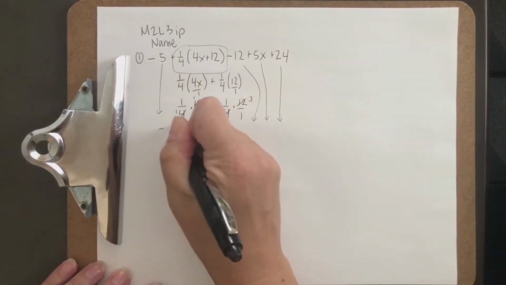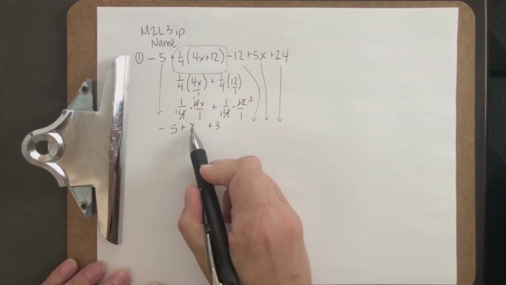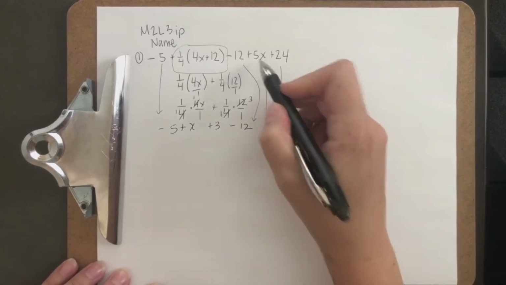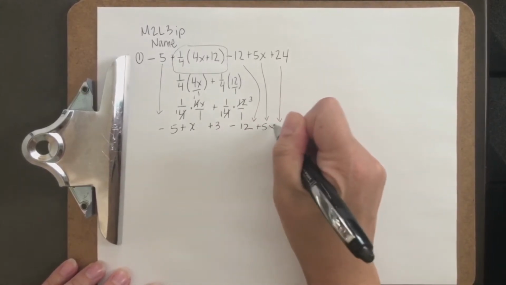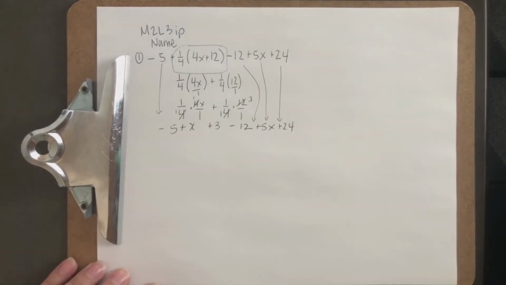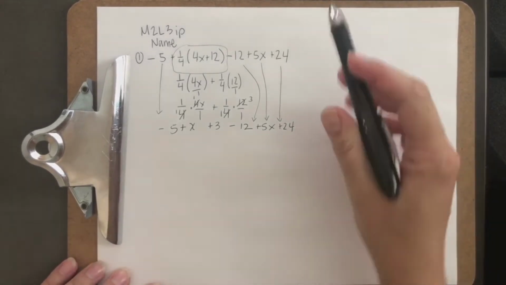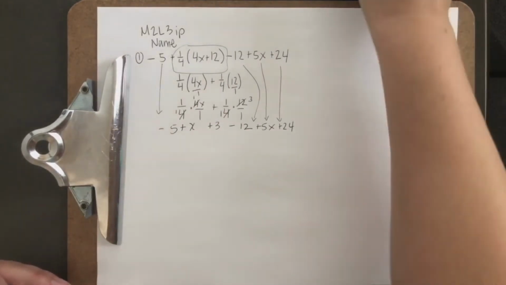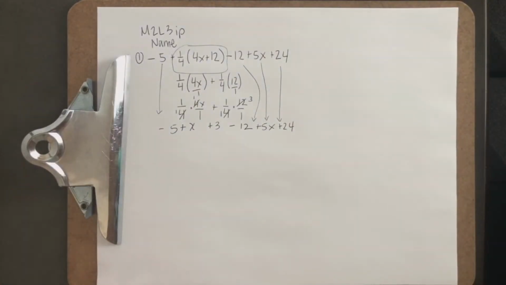So we have -5 plus that x plus 3 minus 12 plus 5x plus 24. So at this point, we could use the tiles, but I don't think I'm going to. I have them all right here, but I feel like it's going to take a little bit longer.